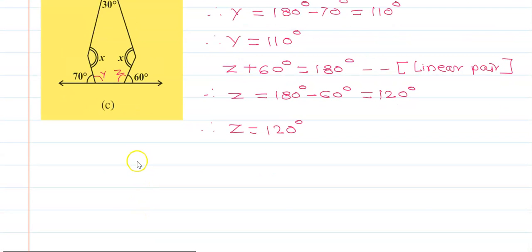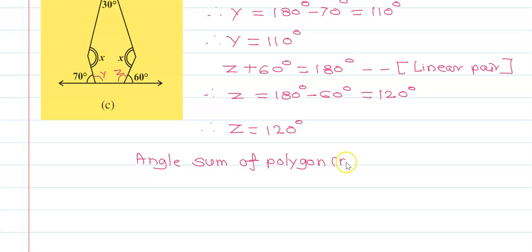Here, angle sum of polygon, where n is equals to 5, that is equals to, in bracket, what is that formula? n minus 2 into 180.